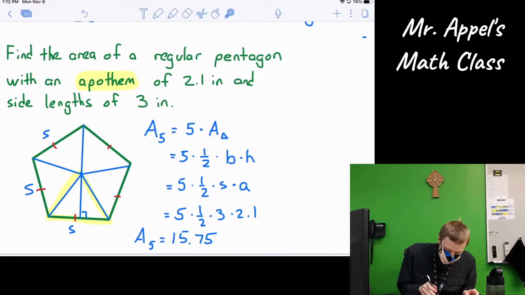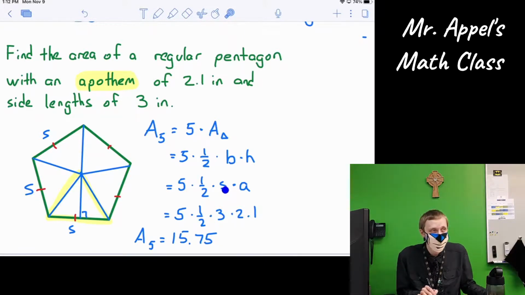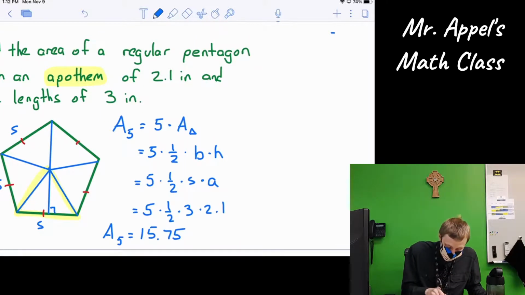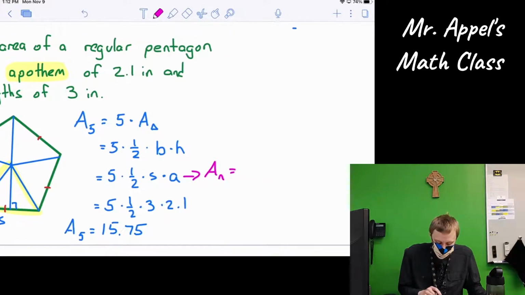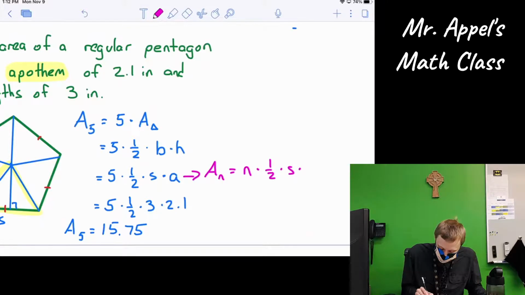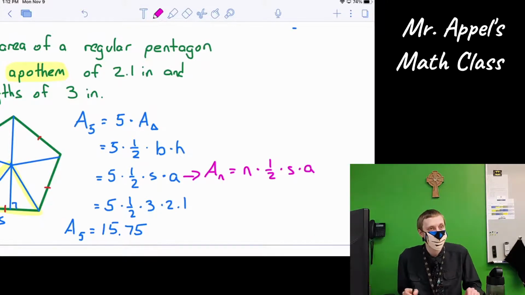We are going to start with this middle formula right here: the number of sides times 1/2 times the side length times the apothem. First I'm going to generalize it. For any polygon with n number of sides, we have n times 1/2 times side length times apothem.